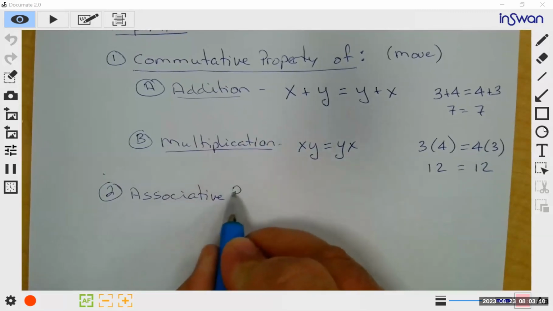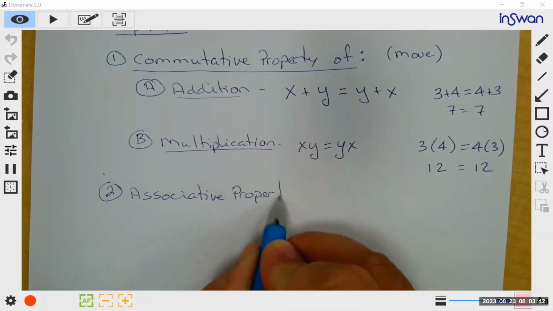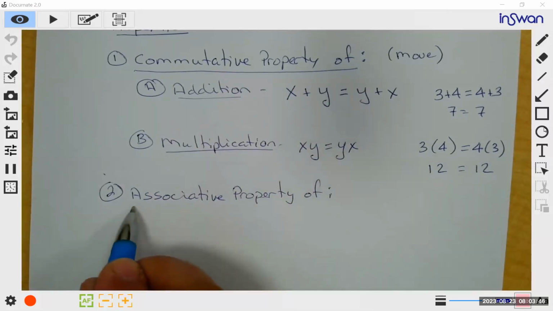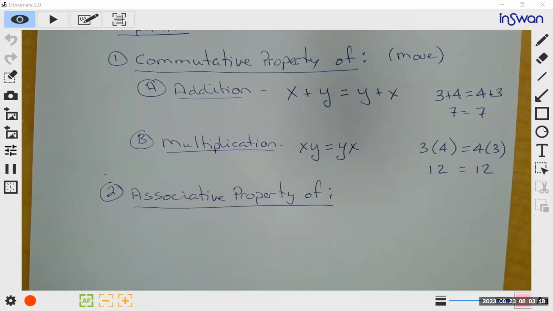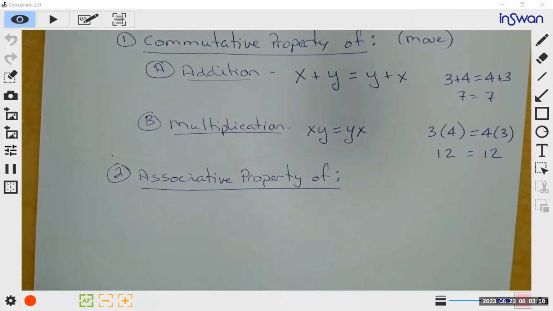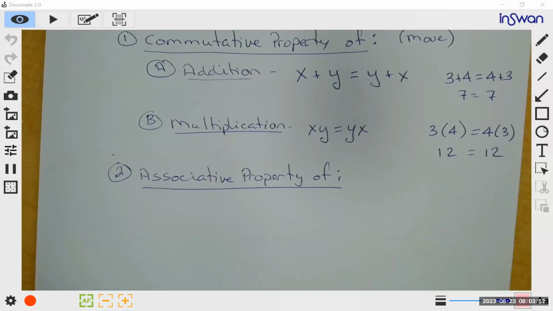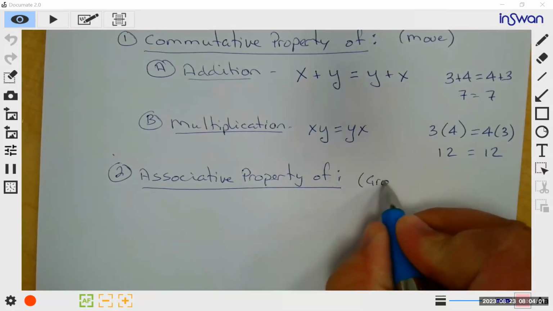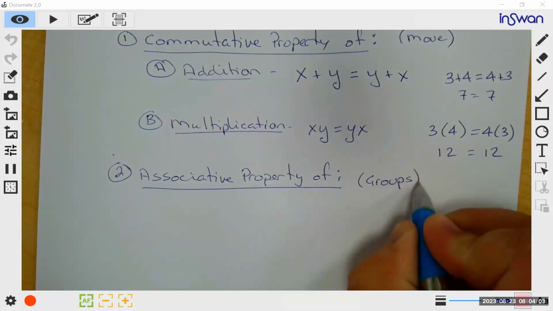The second property is the associative property. To associate means to form groups.